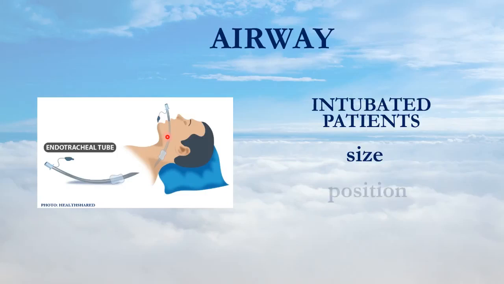Then the position of the endotracheal tube. I'd say this is very important to check when you're doing your patient safety check. Position means the marking, or where the tube is sat, for example at the lip level or at the teeth level.